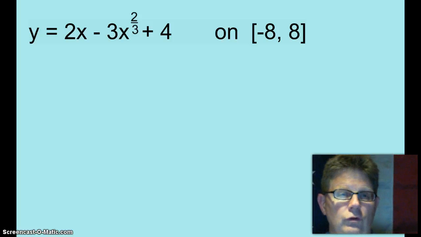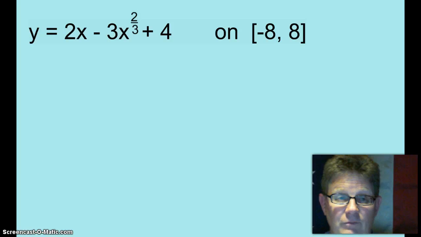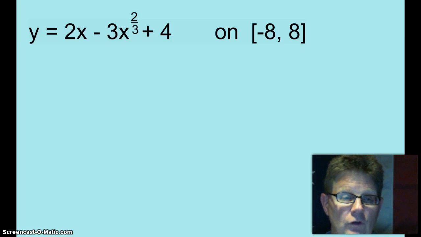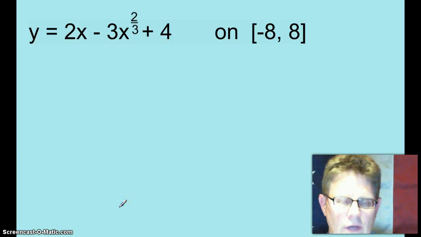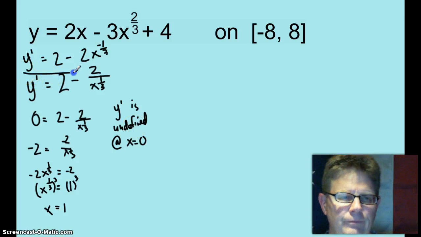y equals 2x minus 3x to the 2/3 plus 4 on the closed interval -8, 8. So we need to find relative mins and relative maxes, and we also need to evaluate the endpoints. So I will let you find the relative mins and maxes. So go ahead and pause it right now to find those. Alright, I found the first derivative.